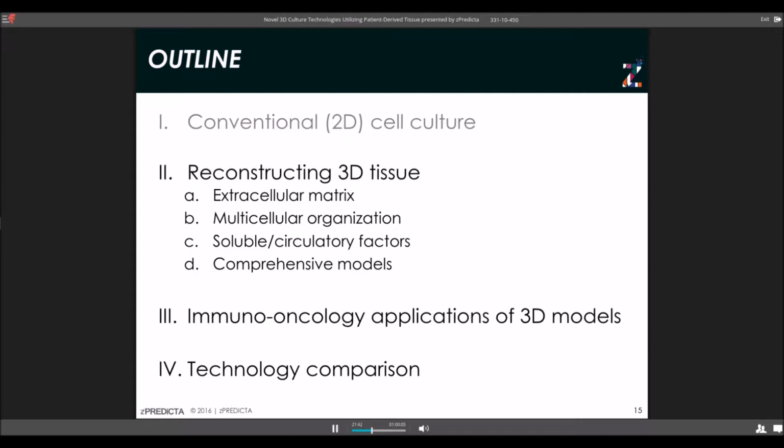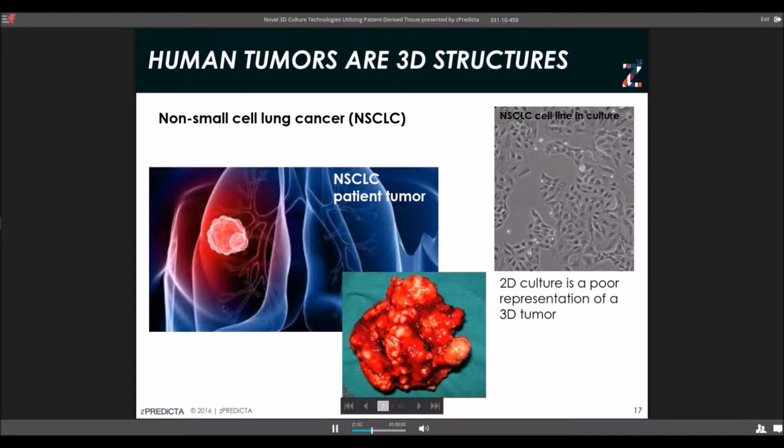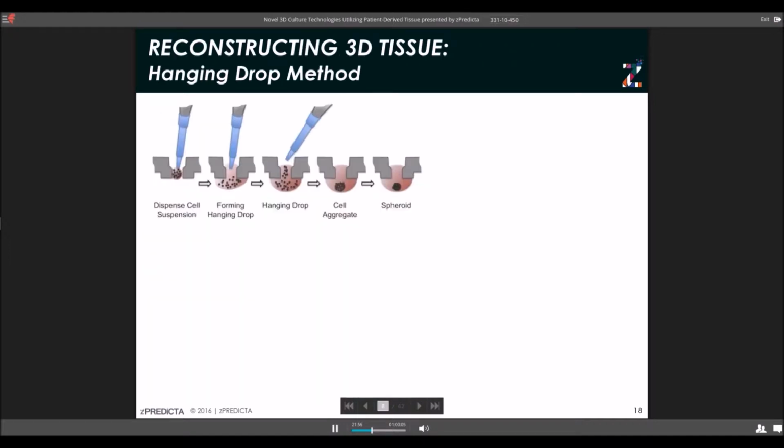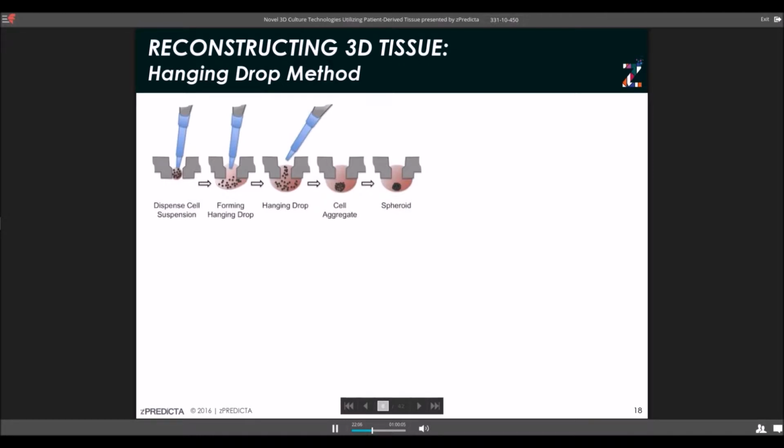Again, going back to tumors and tumor microenvironment, this is an example of non-small cell lung cancer. This is a three-dimensional structure, which is really not captured by a 2D standard cell culture. So one of the methods of really getting this three-dimensional culture set up is cell aggregates.